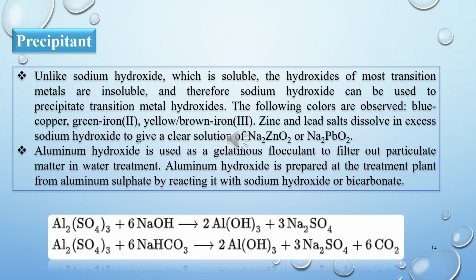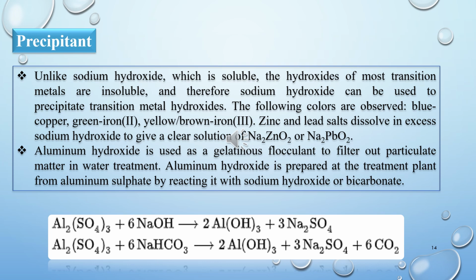The following colors are observed: blue for copper, green for iron 2 hydroxide, yellow or brown for iron 3 hydroxide. Zinc and lead salts dissolve in excess sodium hydroxide to give a clear solution of sodium zincate or sodium plumbite.